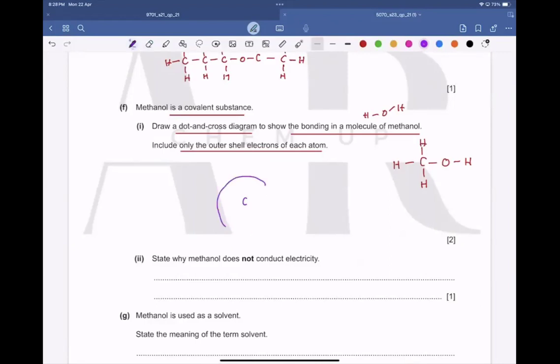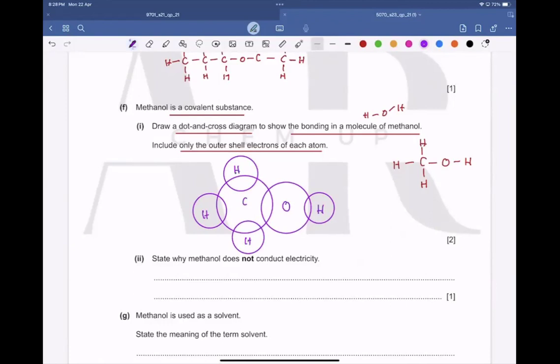So what you are going to do, you are going to put one carbon in the middle, one hydrogen, second hydrogen, third hydrogen, oxygen, and fourth hydrogen. All of them have a single bond, right? So it means there is only one pair of electrons over here.